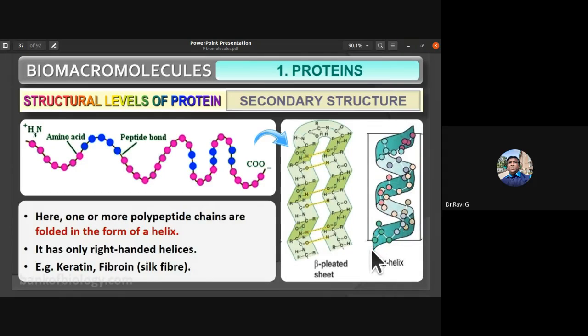Examples of secondary structure are keratin and fibroin. Fibroin is a chemical component of silk fiber. So they are helical, folded in the form of a helix.